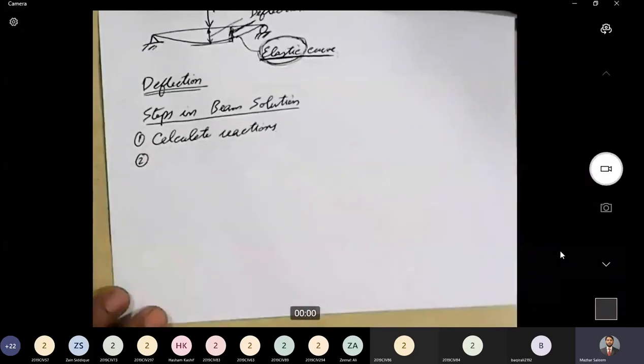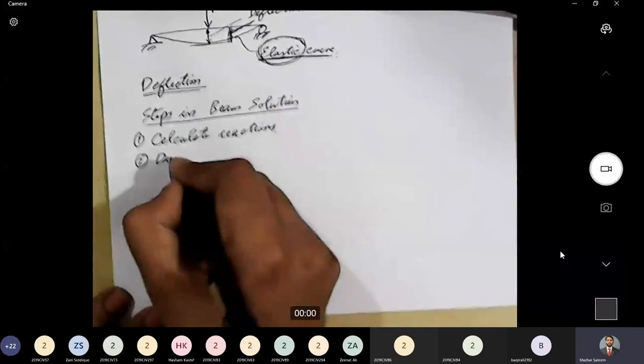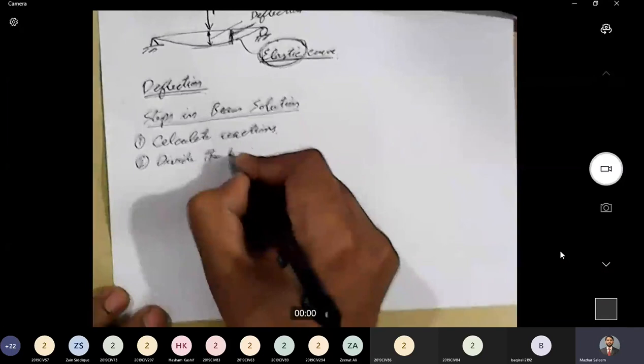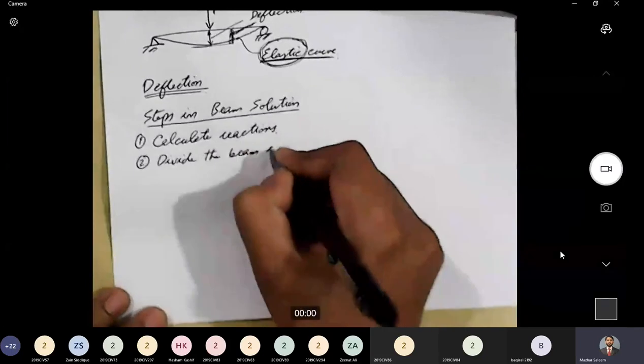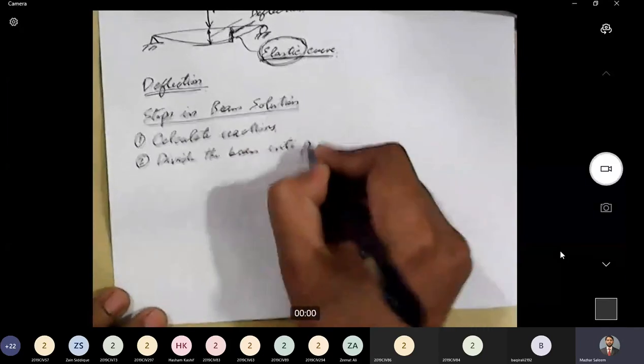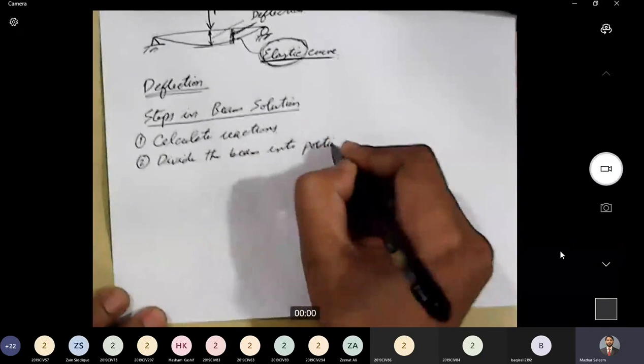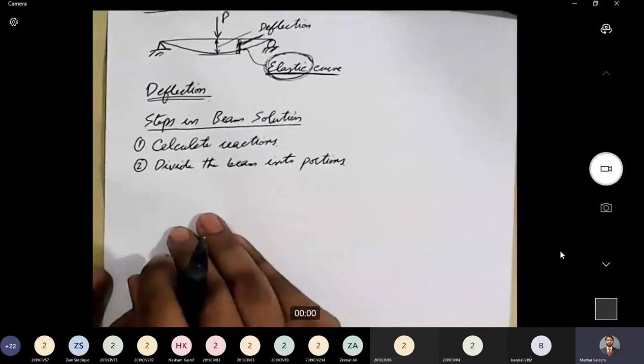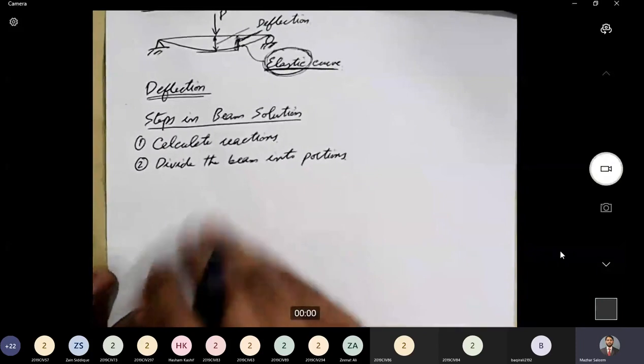Second step, divide the beam into portions. Now somebody asked how do we know how many sections to be considered?